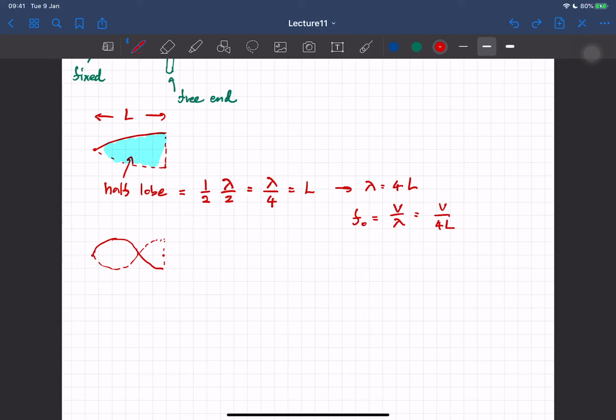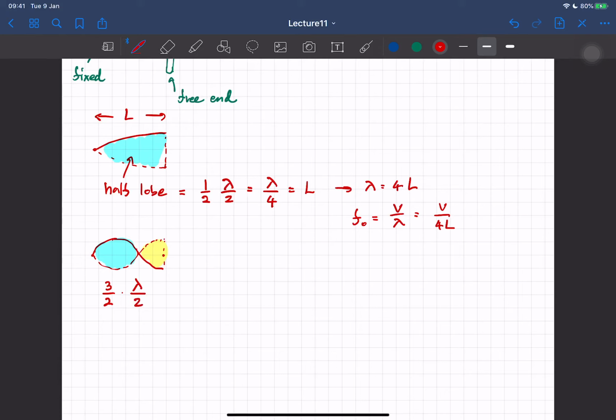And what's the wavelength? Well, we have how many lobes? We have one lobe here, and we have half a lobe here. Okay, so it's 1.5 lobes. So that means it's gonna be 3/2 of one lobe, which is lambda over 2.